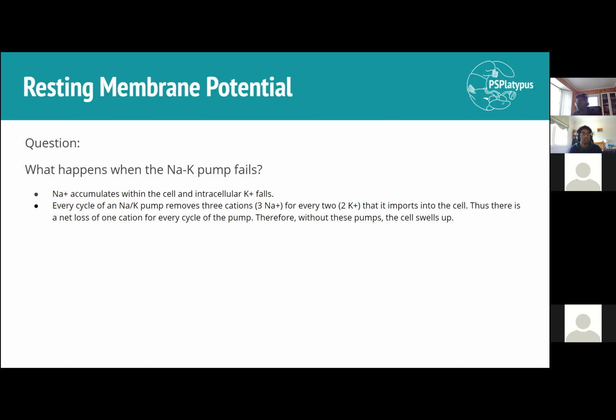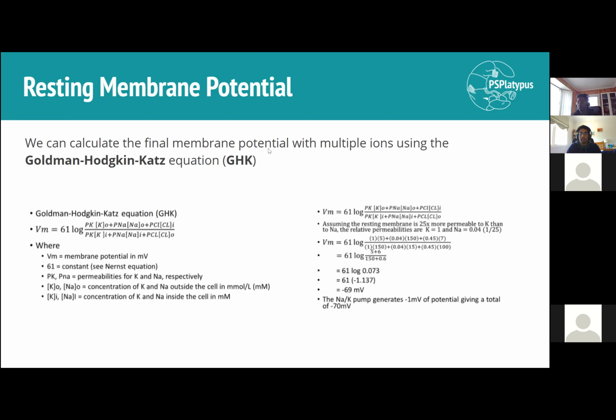Do we need to memorize the equation, or just know the differences? James, we don't need to memorize these equations, right? You mean like the Nernst and stuff? Yeah, I've never seen the Goldman-Hodgkin-Katz pop up, not as far as I know. If they were to ask you a question, they're not going to ask you to just calculate it.